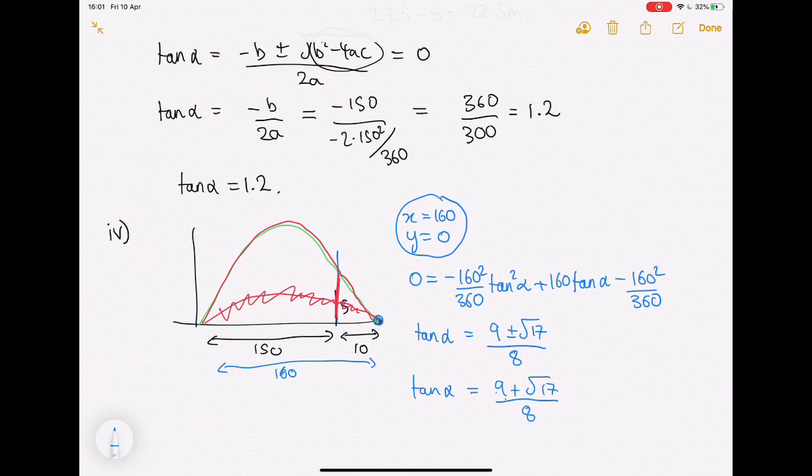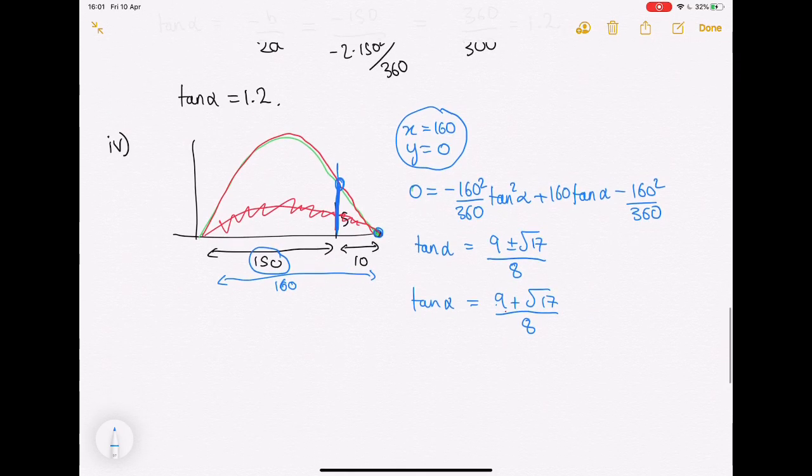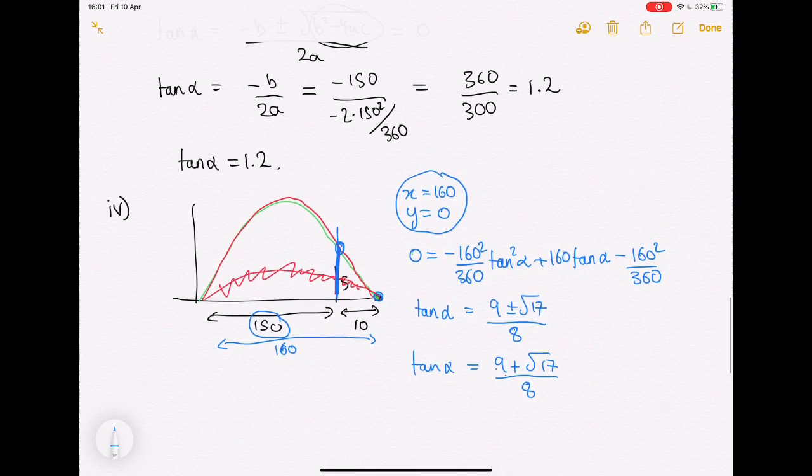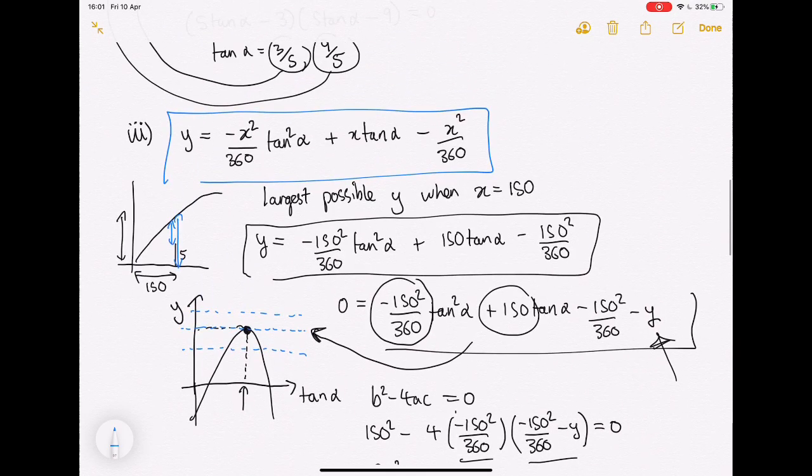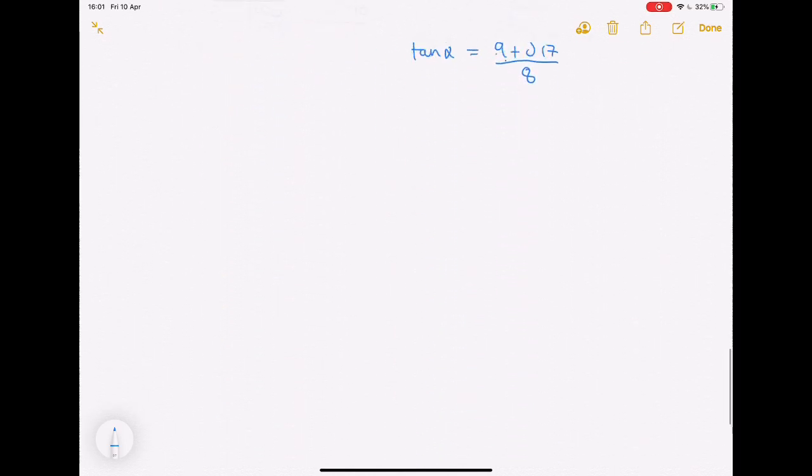Well, what do we now know? We know that the height of the tree is just going to be the value of y when x is equal to 150. And we have our quadratic equation, which is the same one as before. It is this one here, but it might be more convenient to use the form given in the question.